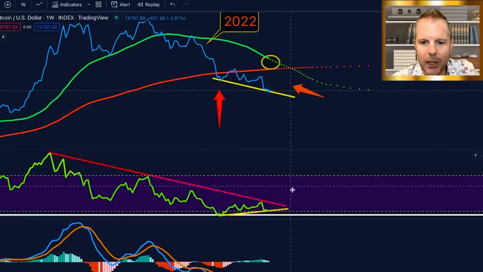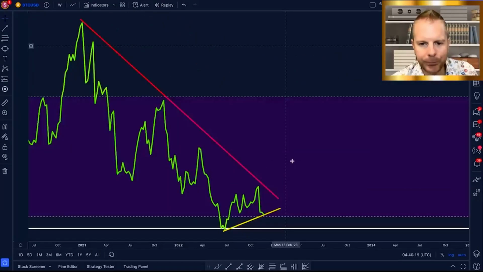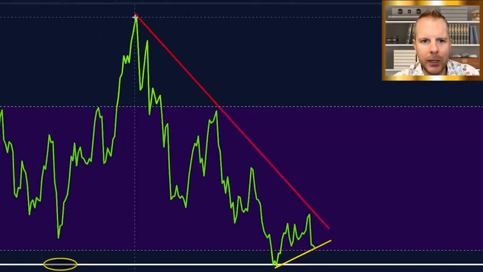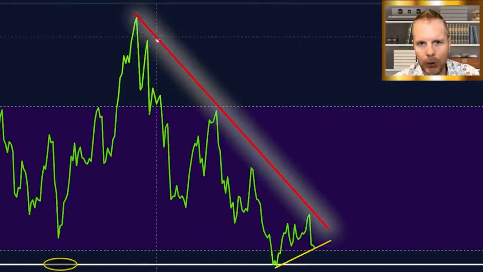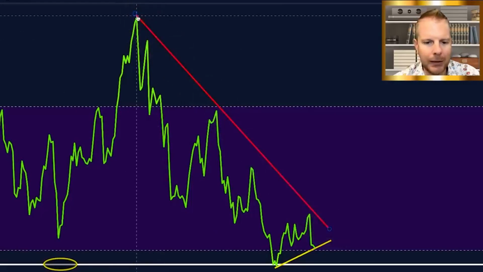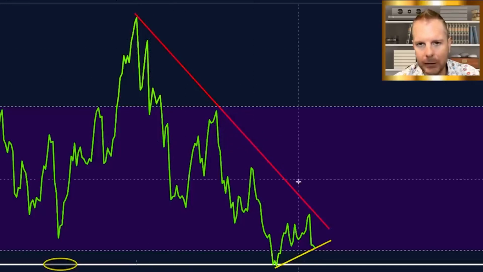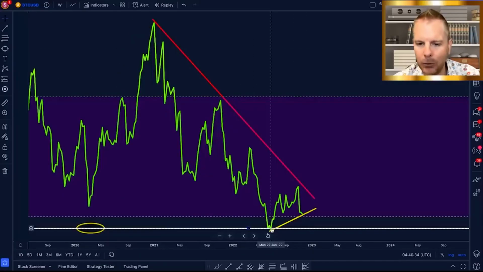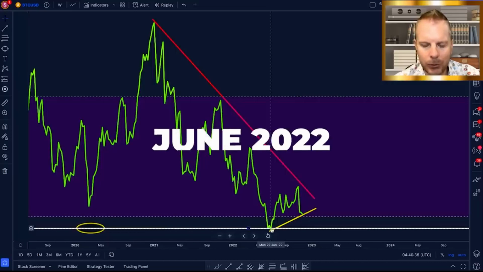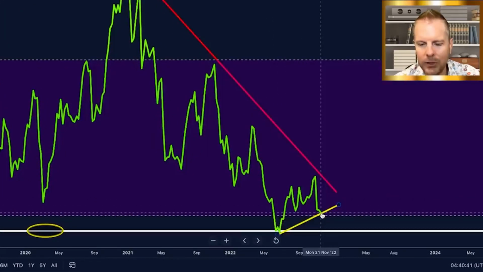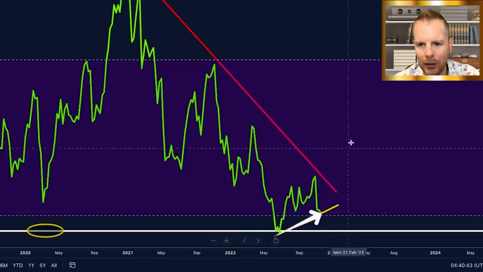We're going to explain what that means in a minute, but you can see that our RSI has been in this larger trend, this red line, literally for 2 years, right? For 2 years, we've been in this downtrend. What's really cool is since June of this year, we had our pivot low, and our most recent pivot was a pivot higher.